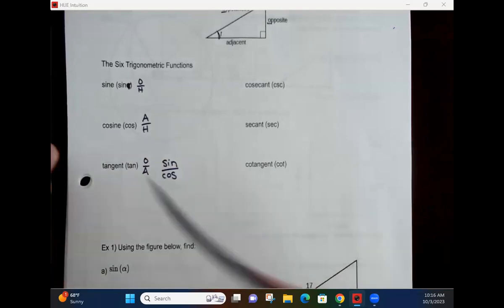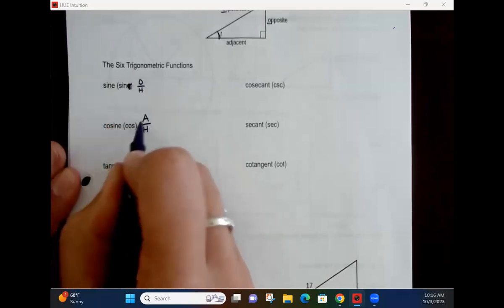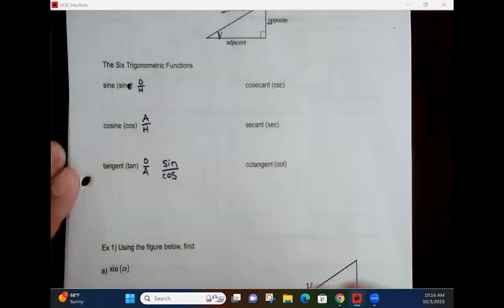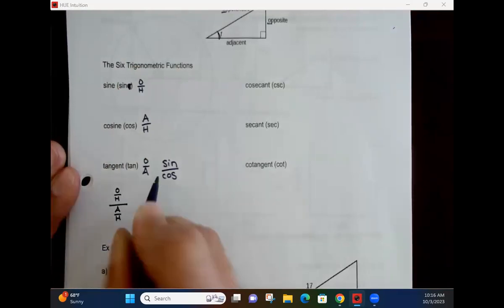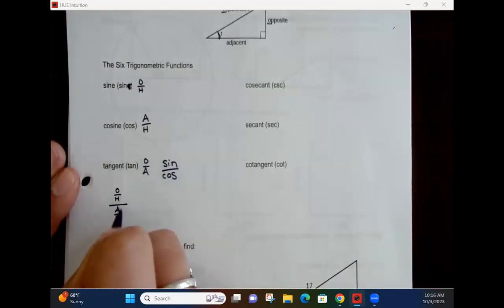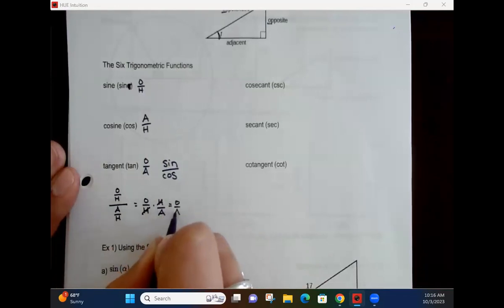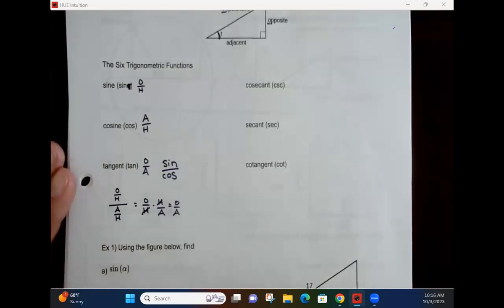If I think about taking the SOH and the CAH part of SOHCAHTOA, and we let sine be opposite over hypotenuse and we let cosine be adjacent over hypotenuse, we would come up with this same thing. If I'm dividing fractions, that would be multiplying by the reciprocal. My hypotenuses would reduce out, and I'm left with that O over A, the opposite over the adjacent.